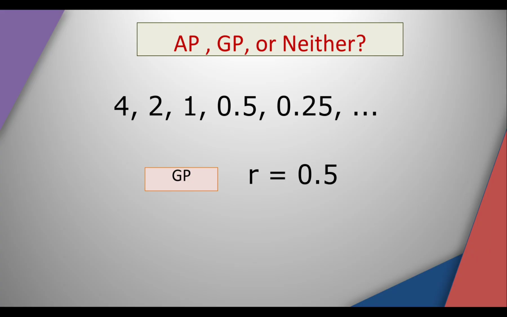The common ratio is 5 tenths, which would mean to say that if I start from 4, I need to multiply 4 by 1 half or 5 tenths, and I will be arriving at 2. Likewise, for 2, I will multiply that by 5 tenths, and I will be arriving at 1, and so on.